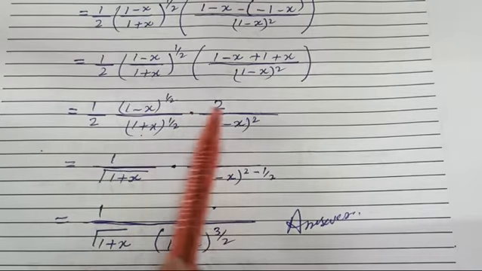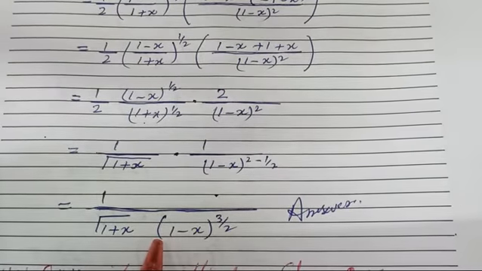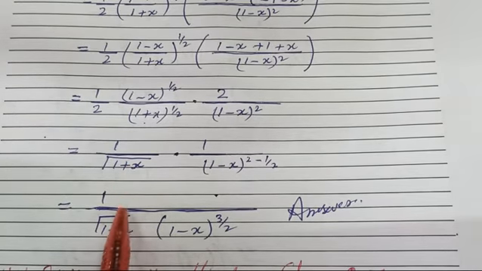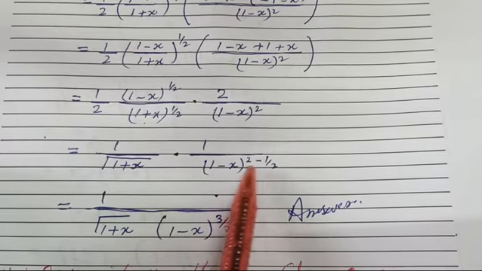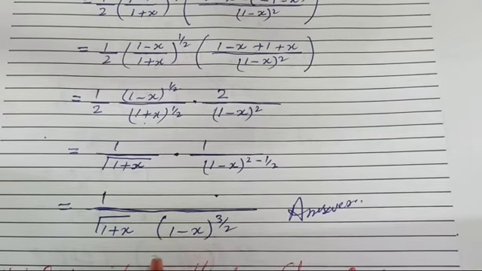This 2 is cancelled out with the numerator 2 and this term is left behind. This is our required answer: 1 over (1 plus x) to the power 1 by 2, (1 minus x) to the power 2 minus 1 by 2, which becomes 3 by 2. So this is our required derivative of the given question.